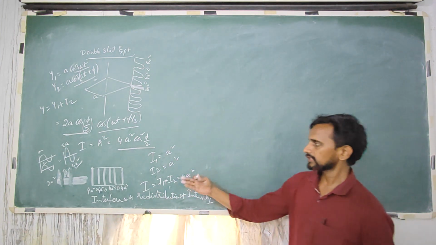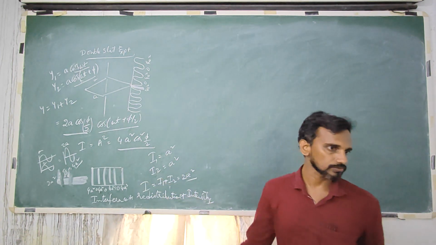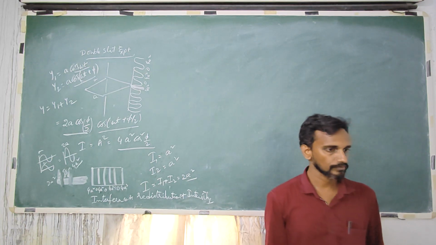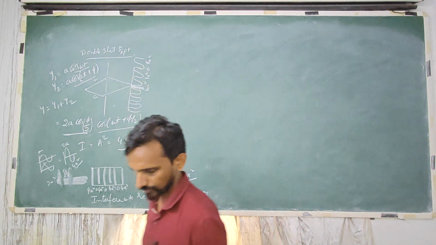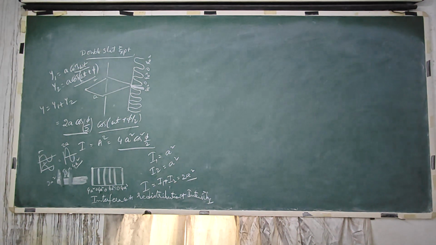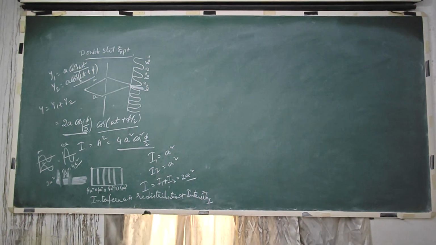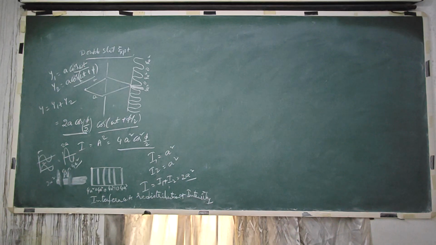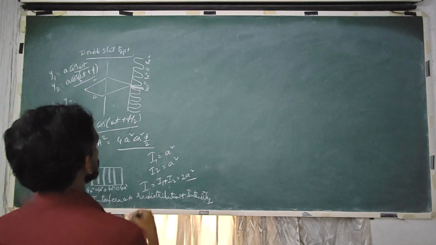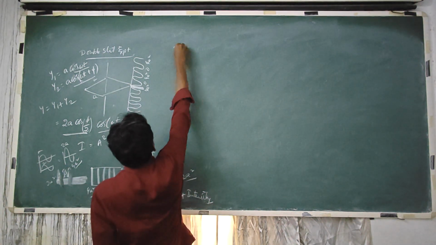That 2A square is redistributed to 4A square, 0, 4A square, 0. Okay. So the next topic is interference by division of amplitude.